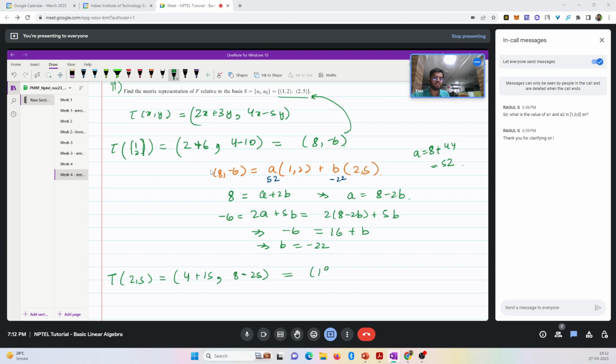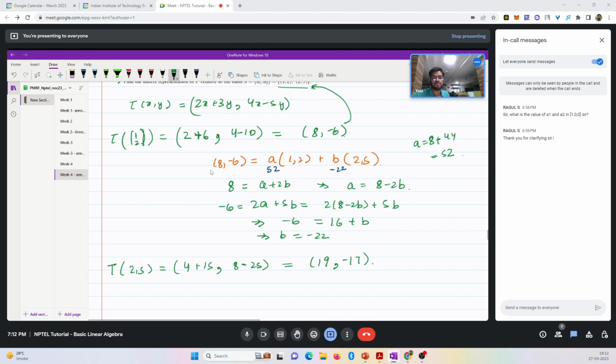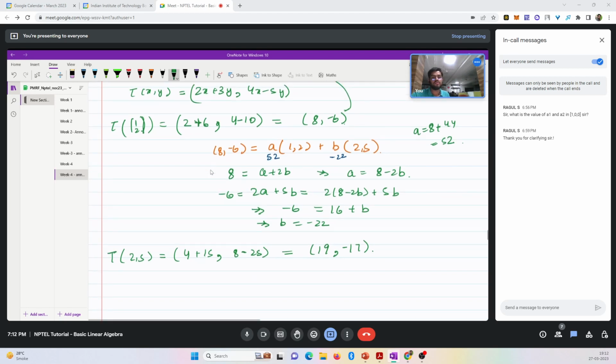So this is 19 comma minus 17. Now we need to write this 19 comma minus 17 in terms of some a times 1 comma 2 plus b times 2 comma 5.